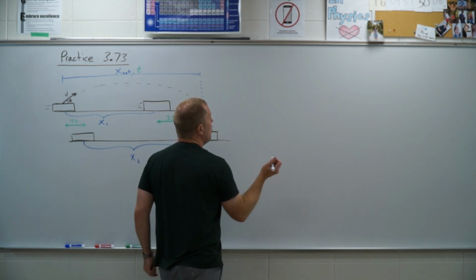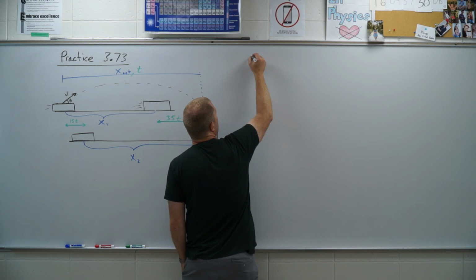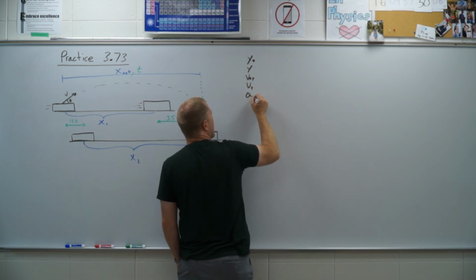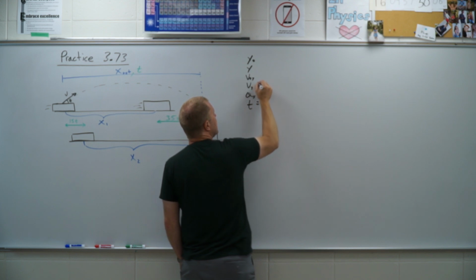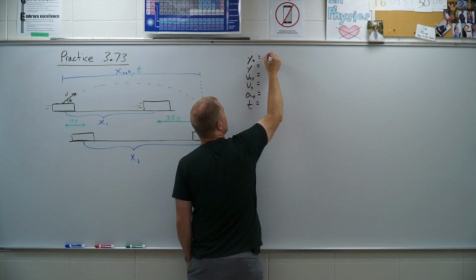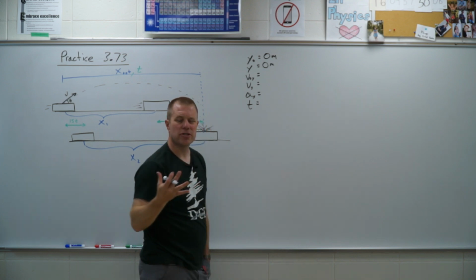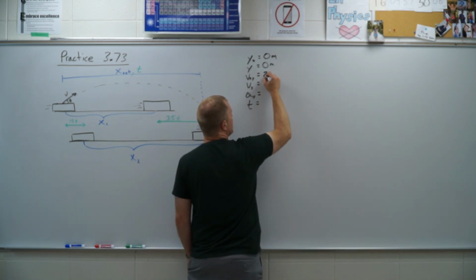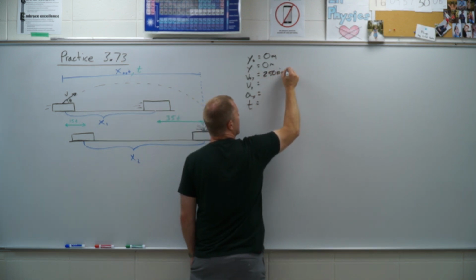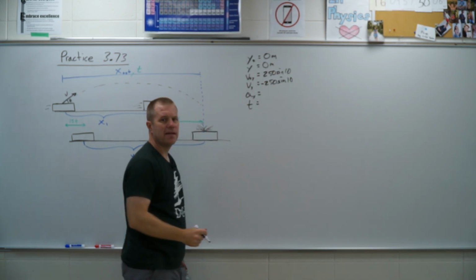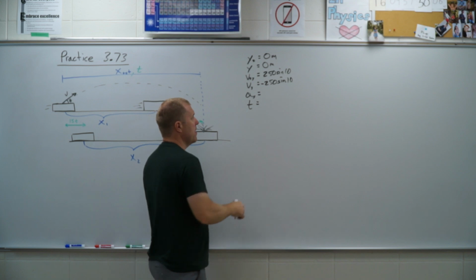Setting up in the y direction, I have y naught, y, v naught y, vy, ay, and t. I'm saying it's starting and ending at the same height, so these are both 0. That means these things are going to be the same, just in opposite directions. So we had our 250 sine 10, and our negative 250 sine 10, because it's starting and ending at the same height, I can make that flip on the sign.